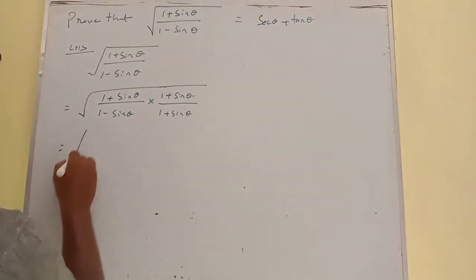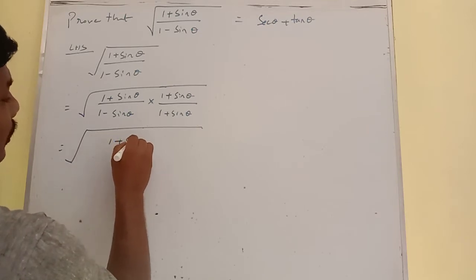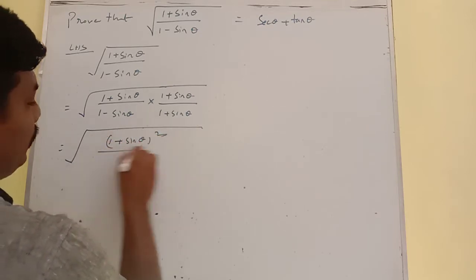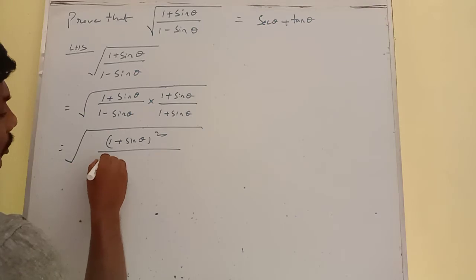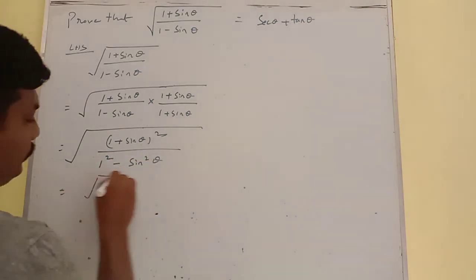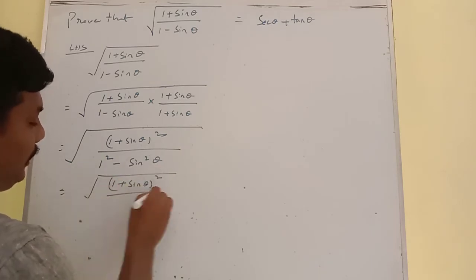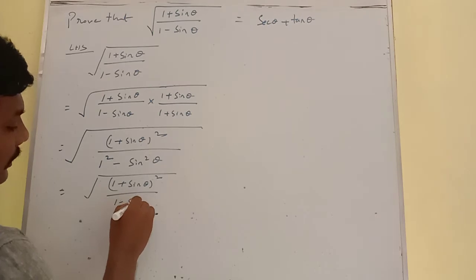So what it becomes is the square root of, numerator is 1 plus sin theta whole square, whereas the denominator is 1 square minus sin square theta. So this is root of 1 plus sin theta whole square by 1 minus sin square theta.